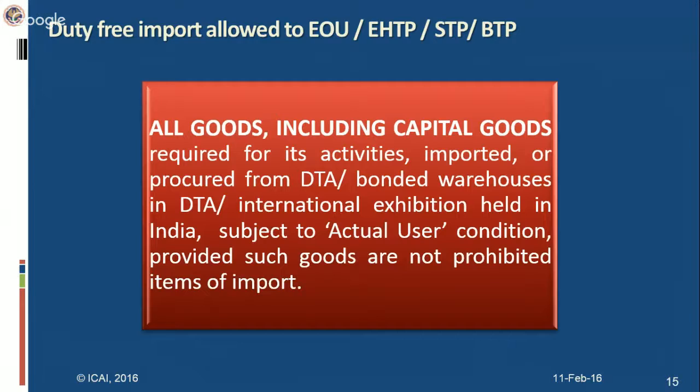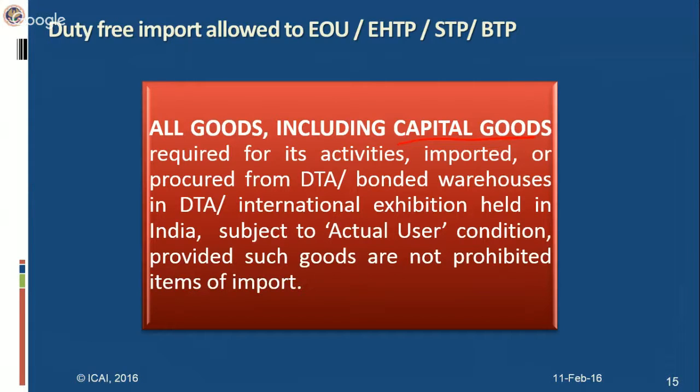Now, broadly we covered that EOU units are allowed to import anything without payment of duty or procure domestically, and similarly, they have to export all the products. Now, when I say duty free import, what does that include? All goods. They can import all goods, including capital goods, which are required for its activities.